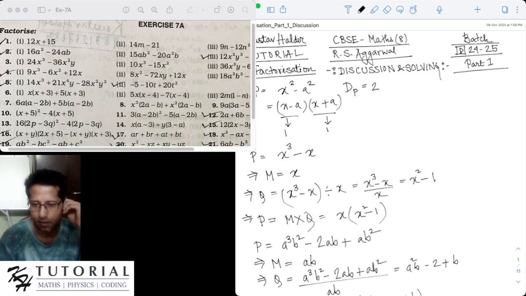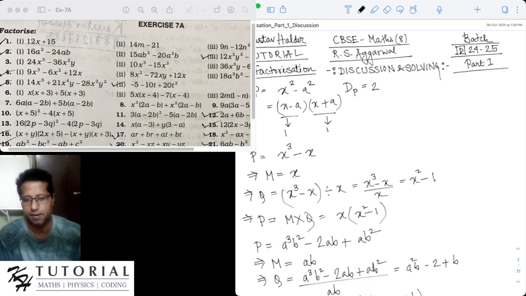And finally, we saw how we factorize a polynomial using the method of grouping. That is, if we see that there is no common factor in all the terms of the polynomial, or no common binomial as a factor, we try to form groups from the terms of the polynomial so that each group will have a common factor.